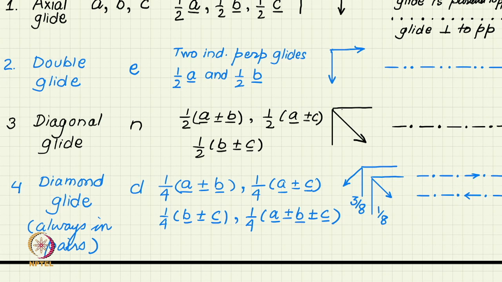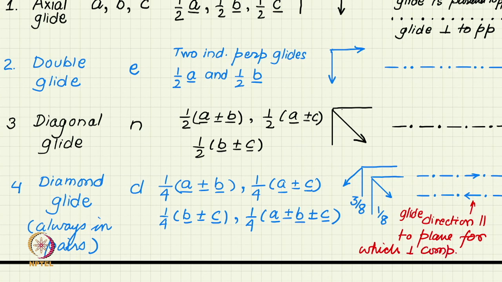the diamond glide has translation components both parallel and perpendicular to the plane, and the arrow indicates the direction parallel to the plane for which the perpendicular component is positive.